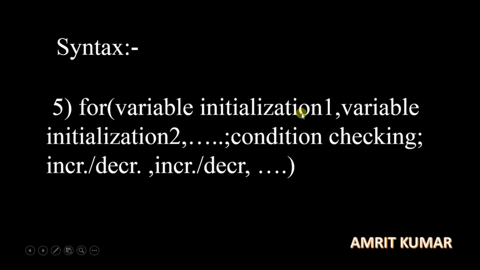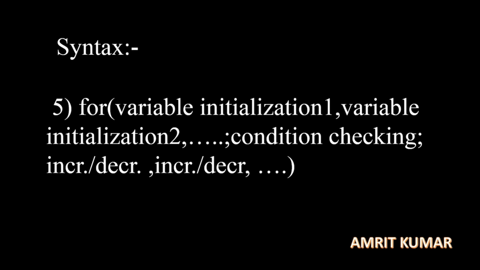So if you are initializing two variables, suppose you have to initialize two increment and decrement, and in that semicolon is needed. Okay. So this was all about the syntax part of the for loop.